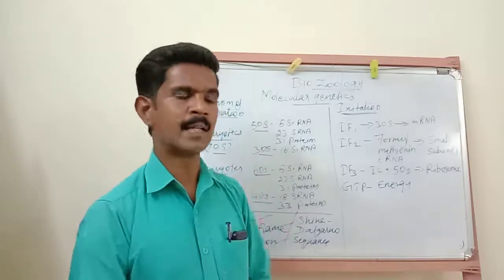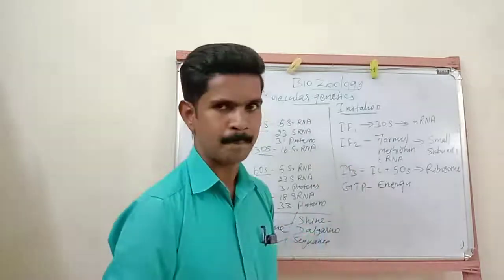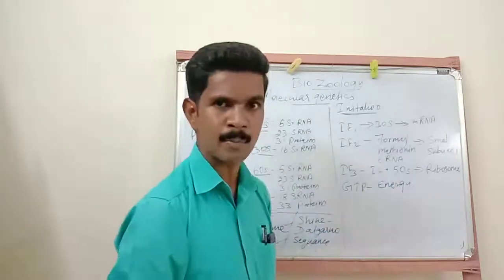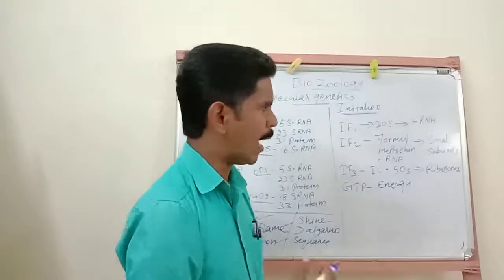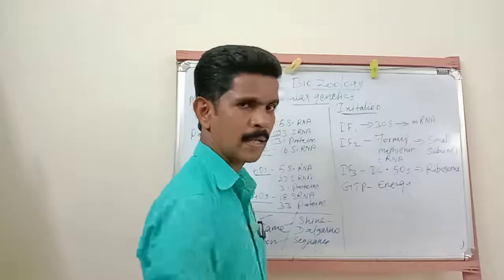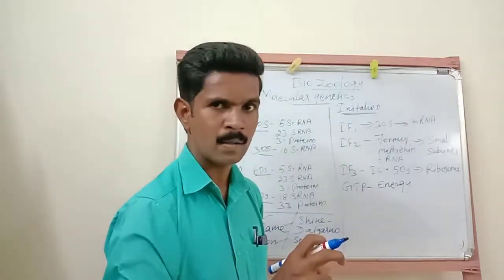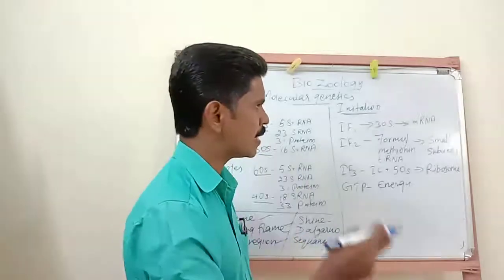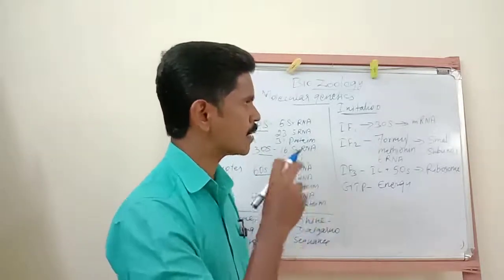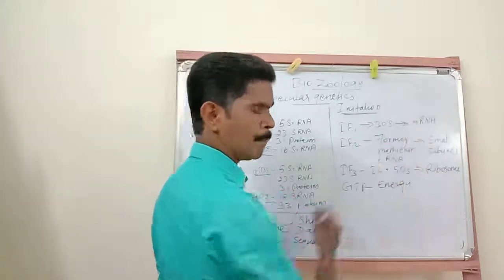Listen very carefully. First, initiation factor 1 binds with the 30S subunit of a ribosome, and after that this 30S subunit binds with the mRNA.